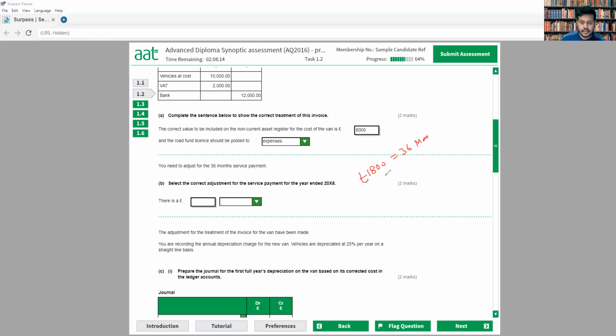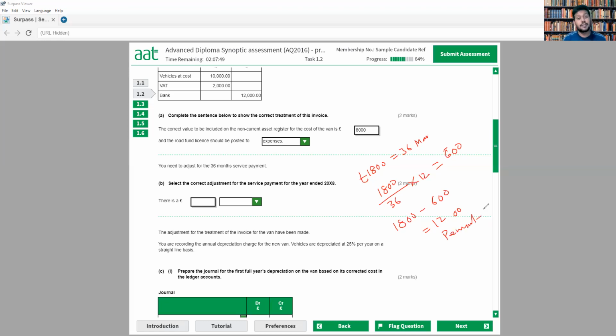So out of 1,800, divide by 36 and times by 12, because I can take only 12 months. That will give me 600. So 600 is relevant to this year, and the 1,200 is prepayment.